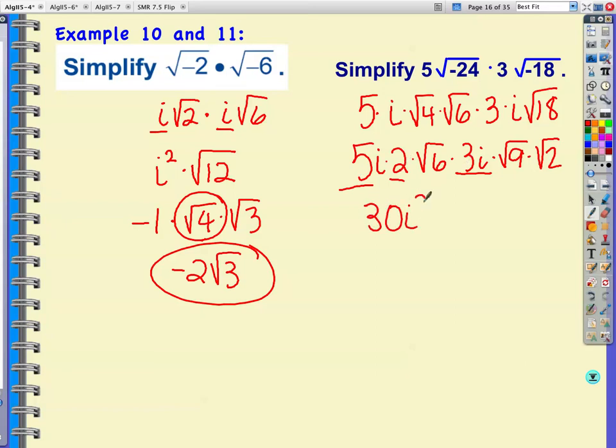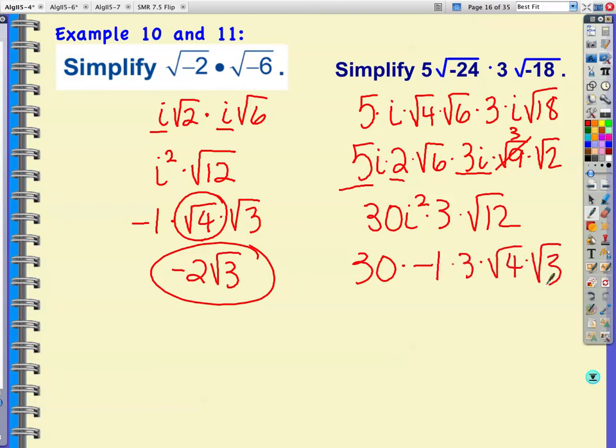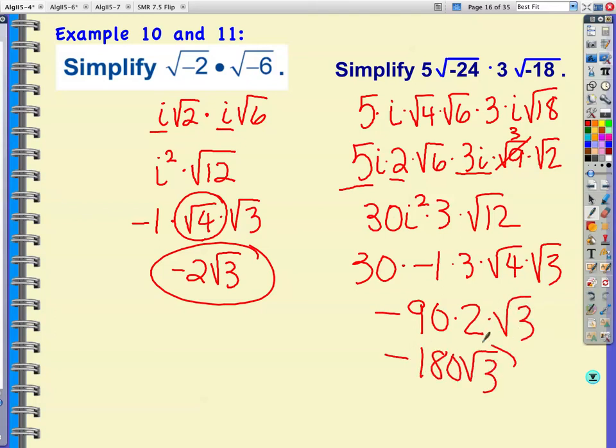You got a 30i squared. Times 3 times square root 12. Now it keeps reducing. 30 times -1, times 3 times square root 4 times square root 3. So I have this is -90. I'm afraid I might have made a mistake on this because I'm speeding through it. This is -180 square root 3.